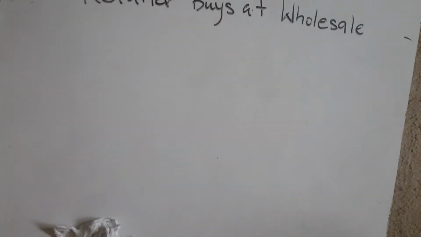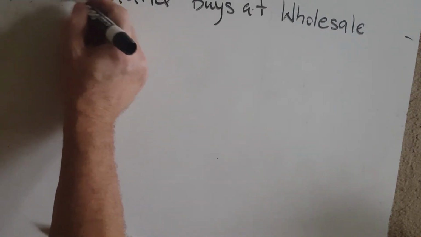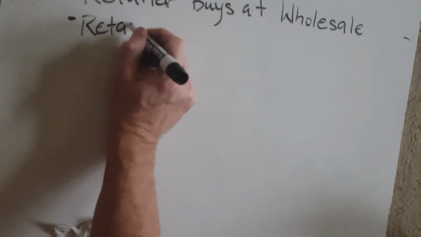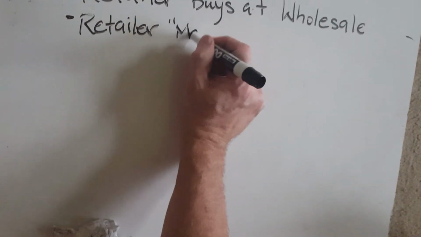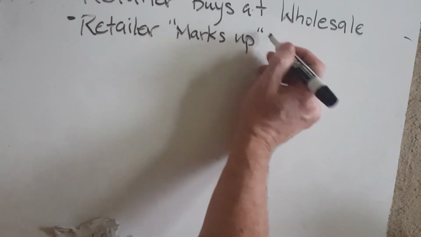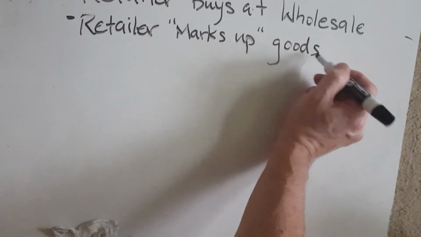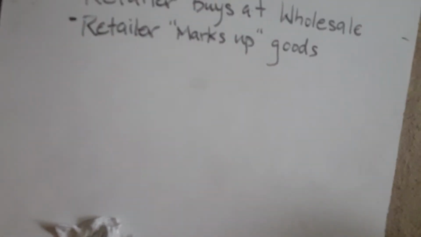So he has to take the wholesale price and mark it up. Okay? So the retailer buys at wholesale. The retailer marks up goods. And to mark up means to increase the price.